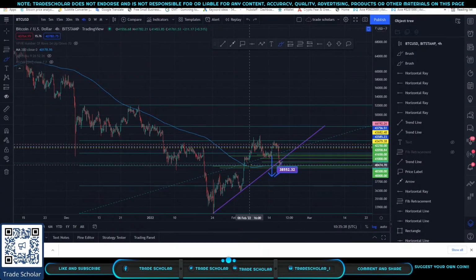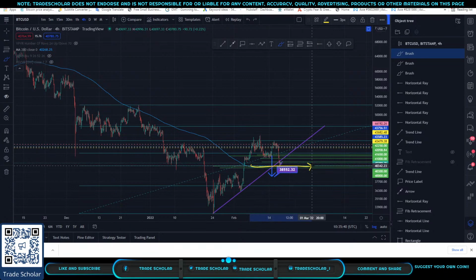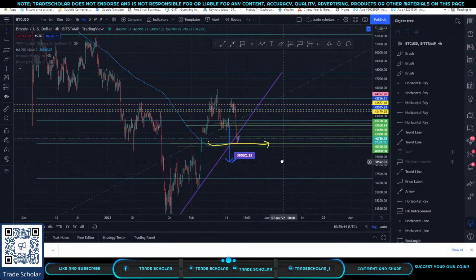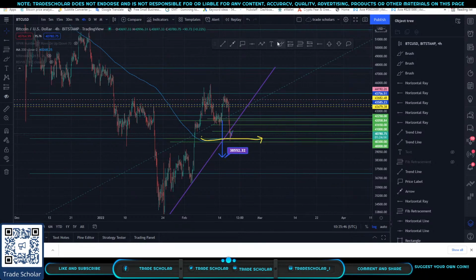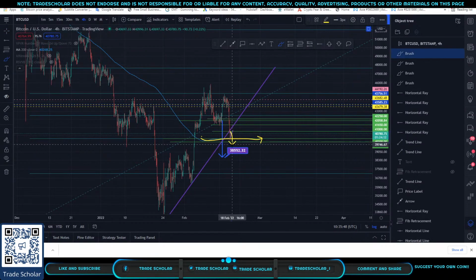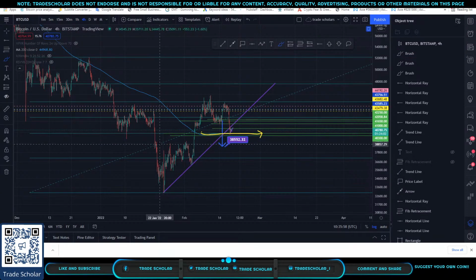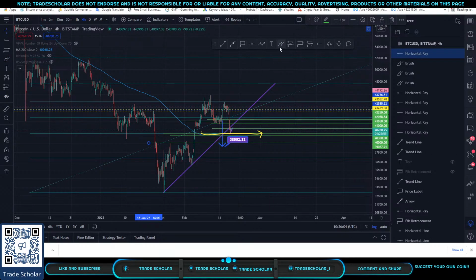But if we have this kind of support in the 200 moving average, you think it can hold water? So most probably we're gonna drop and then bounce again. If we don't bounce right away, then what happens is we're gonna enter this zone right here, the bearish zone.